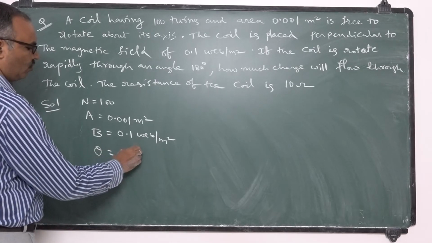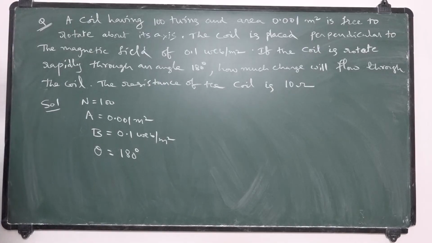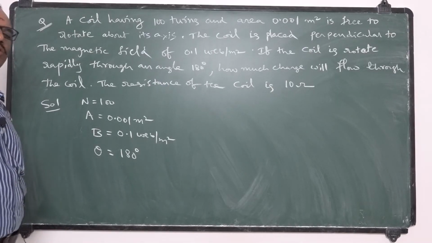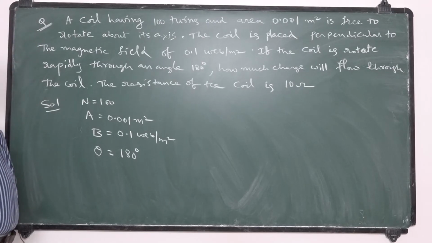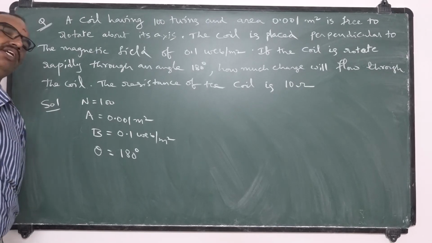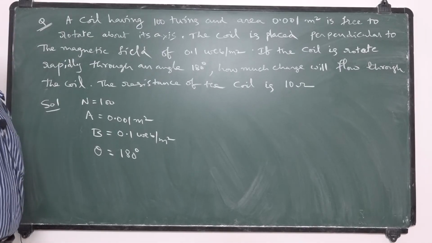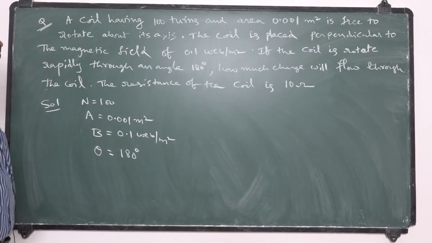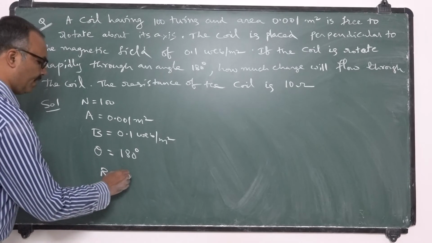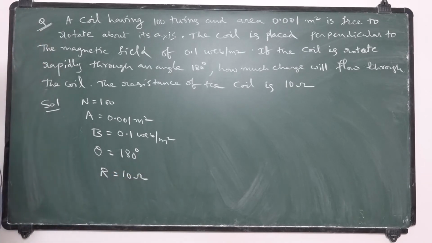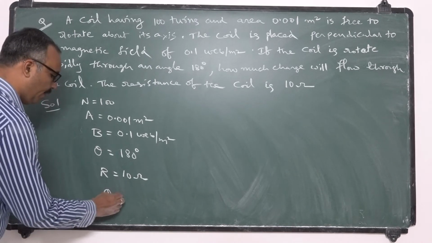Due to the rotation of the coil, induced current or induced EMF is developed. We discussed that either due to the change in area of the coil, or the change in the strength of the magnetic field linked with the coil, or the change in the orientation of the coil, you will get induced EMF in the coil. So this is the third case, and the resistance of the coil is 10 ohms, and you are asked to find how much charge will flow through the coil.